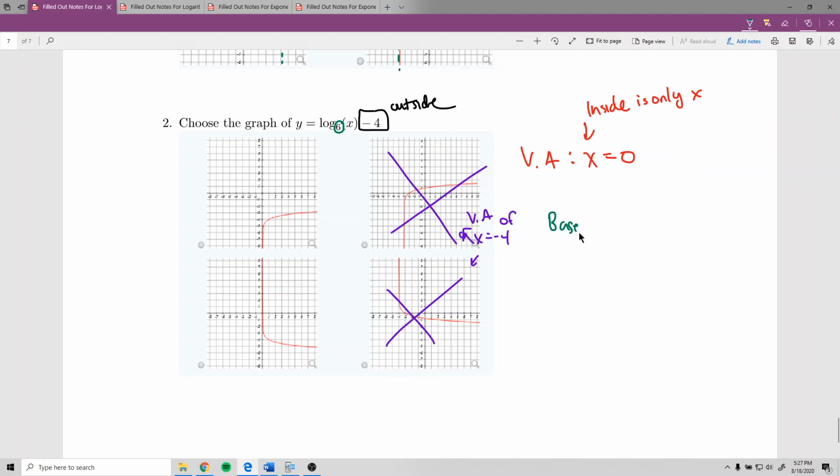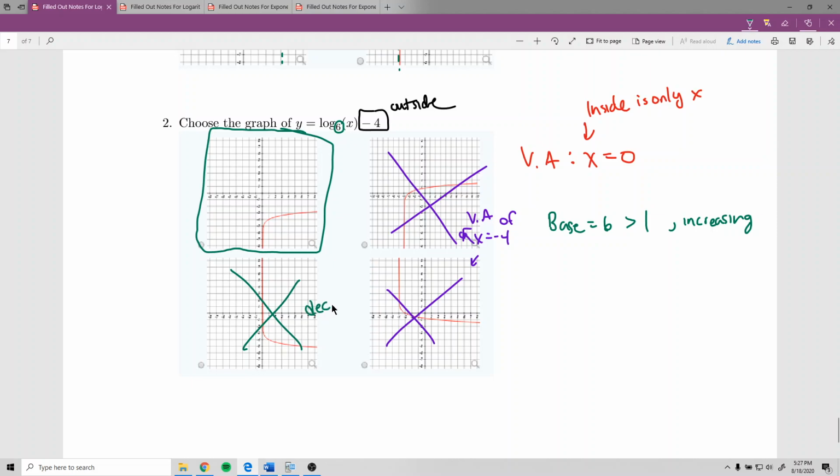Since the base here equals 6, which is bigger than 1, it is an increasing graph. And that is the one on the top left. The bottom left, this one's decreasing. That one's no good, but the one on the top right is good.